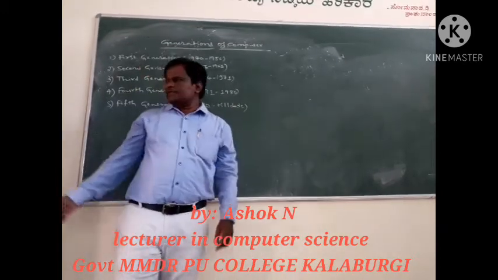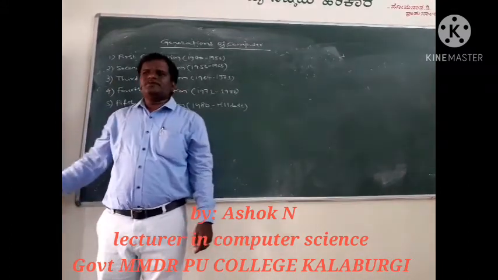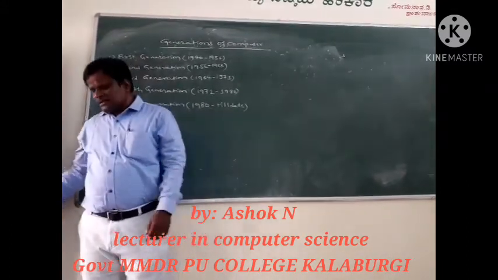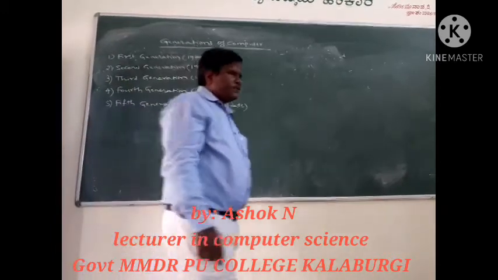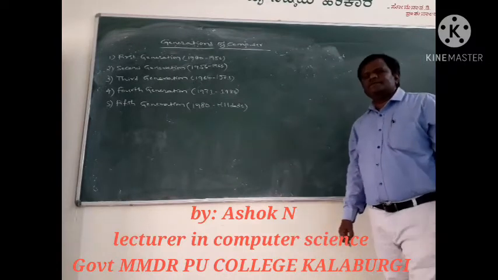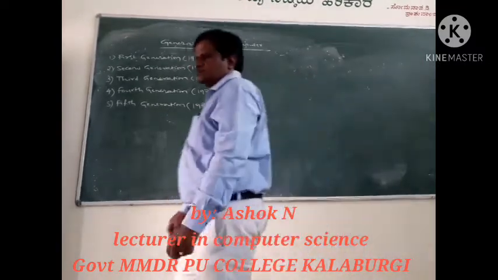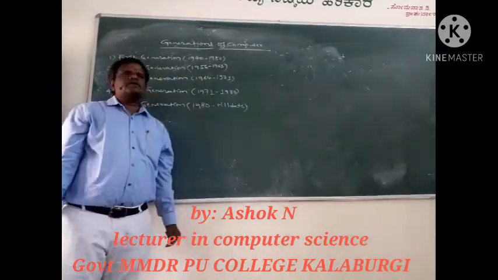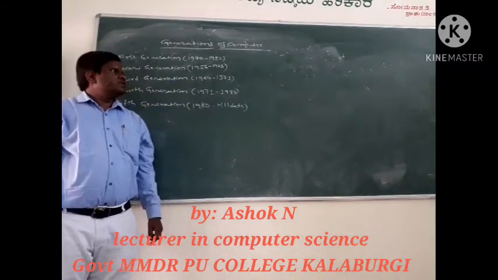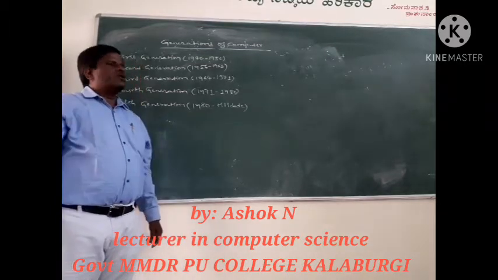Then we saw the functional units of the computer: the input unit, the storage unit, the processing unit, and the output unit. We also call this the block diagram of a computer.